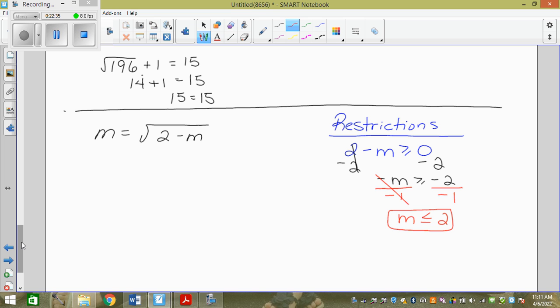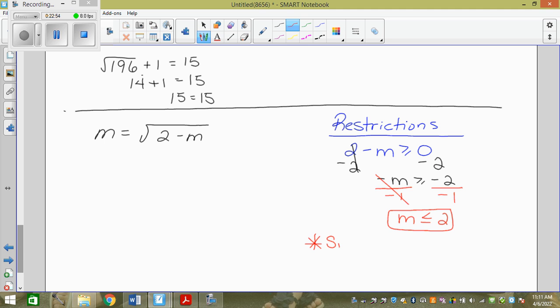If you actually have the m with it, you're going to have to FOIL. Do you want to FOIL with a radical? Not unless you're forced. Right? So when you're solving a single radical, always get the radical on one side and everything else on the other. That should be your first step. So we're going to write that down as a little reminder. We didn't need it before, but we're going to keep it down.